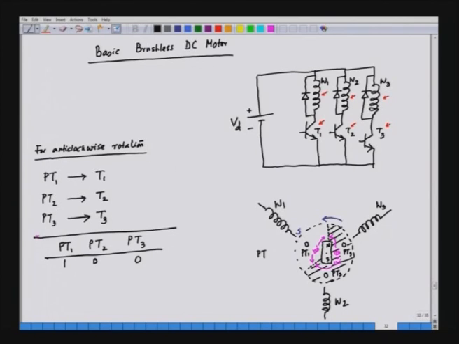So, we have 1 for PT1, and PT2 and PT3 are 0 0. Similarly, after some time PT1 will be covered and PT2 will be lighted. So, 0 1 0. Then after some time PT1 and PT2 will be covered and PT3 will be 1. So, 0 0 1. And then after that the sequence will repeat, it will be again 1 0 0.